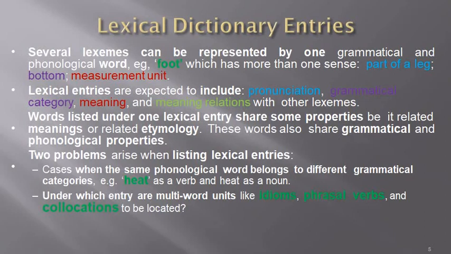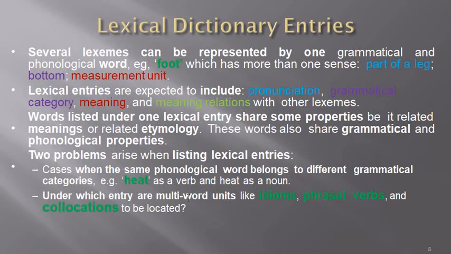Two problems can arise while listing lexical entries. First, the same phonological word may belong to different grammatical categories, like heat as a verb and heat as a noun. So it can create a problem. Second, under which entry are multi-word units like idioms, phrasal verbs, and collocations to be located?